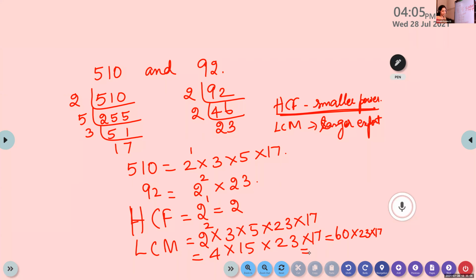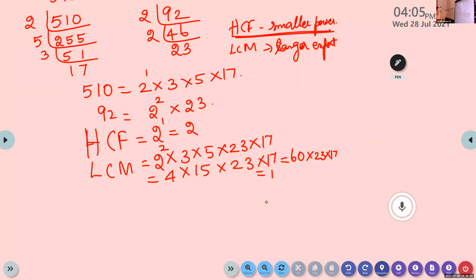Find out the answer. 60 into 23. So what is the LCM? 1380 into 17.